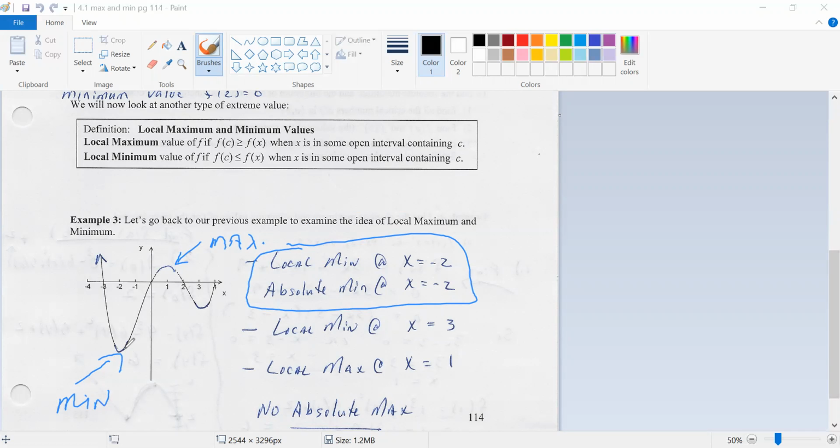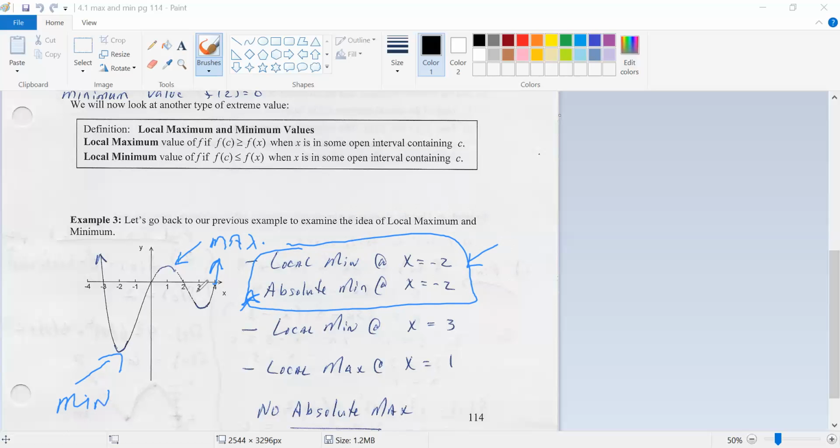That's what they mean locally, near the point of interest, so near -2. But it's also an absolute minimum because it's the absolute bottom of the curve, and this function, like before, shoots up to infinity, so it's not coming back down. So that x value at -2 is a local min and an absolute minimum. It can be named both.